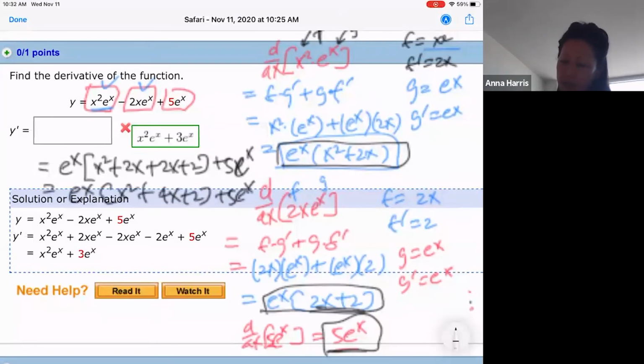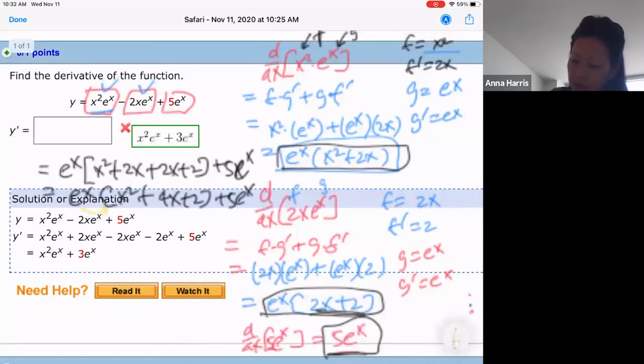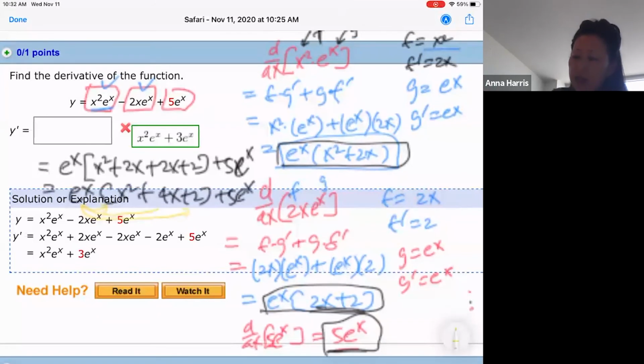Or you can combine them by multiplying everything out. So if you want to, you can multiply them out, and then you combine with this if you want to. Then you get exactly this one. All right, so just combine them all together.